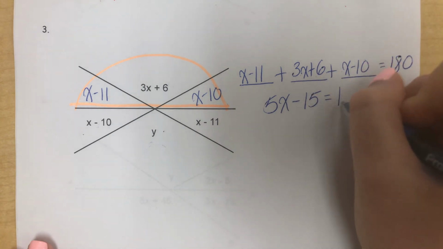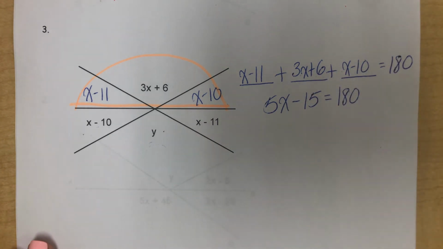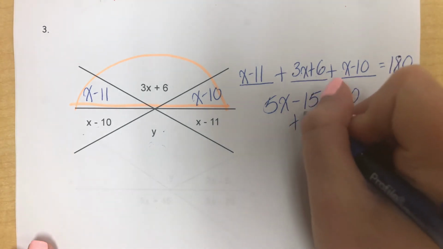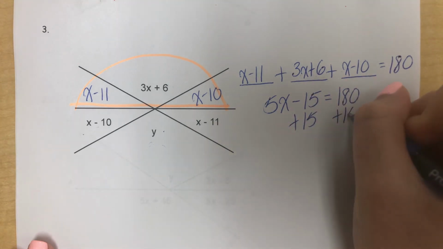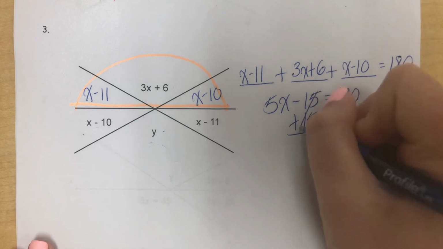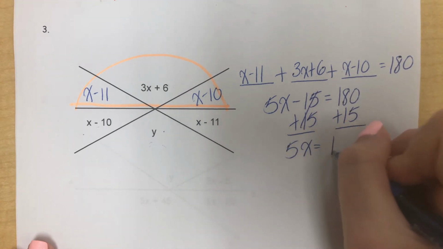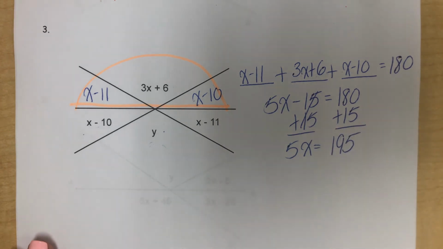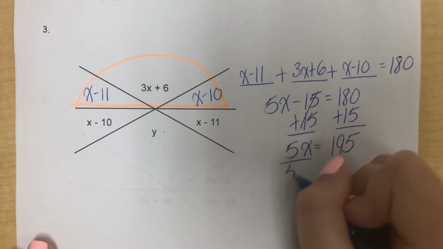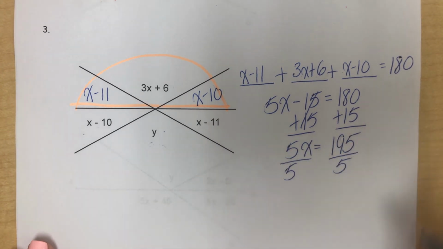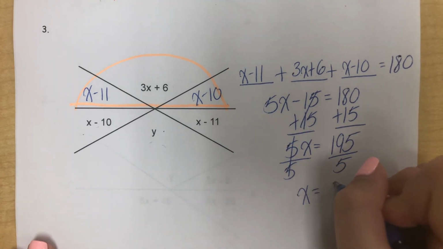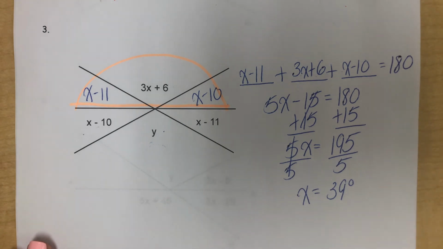And again, that's going to equal 180 degrees. And then just like before, we finish it off by combining like terms on either side. So when I add 15 to both sides, I get 5x equals 195. And then to get rid of that 5, instead of multiplying, I have to do the opposite, which is dividing. And when I divide that through, I get x equals 39 degrees.